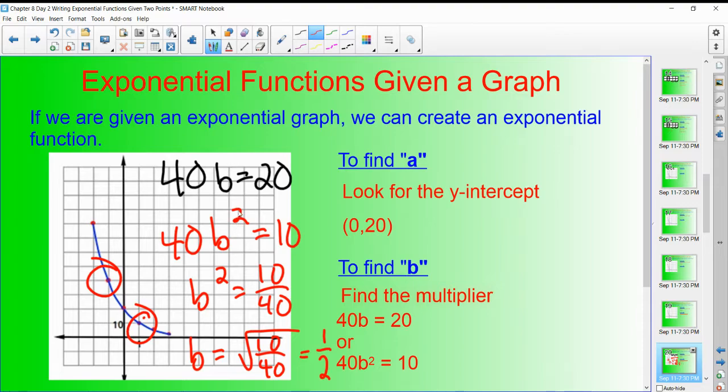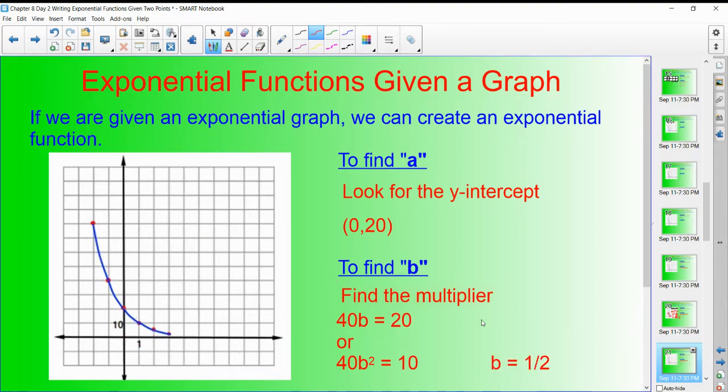So the exponent is going to be how many steps to get from one height to another. So I got b is 1/2. And then I saw that I have 20 and 1/2. So y equals 20 times 1/2 to the x. Once again, two points help me find my starting value and my multiplier. We can do this.